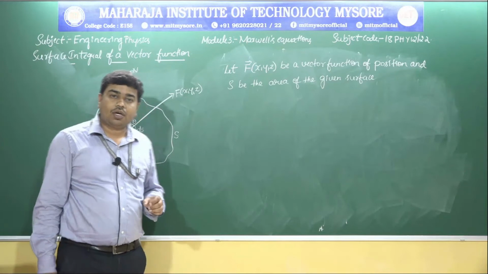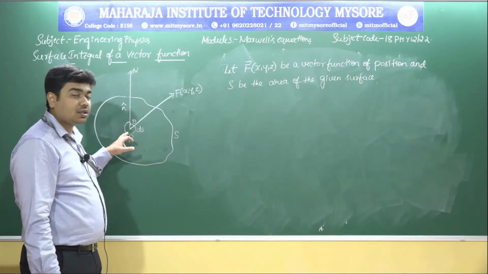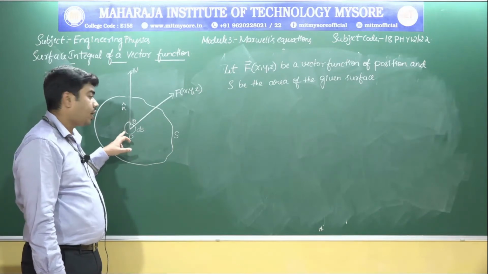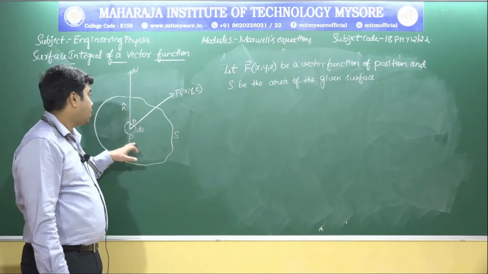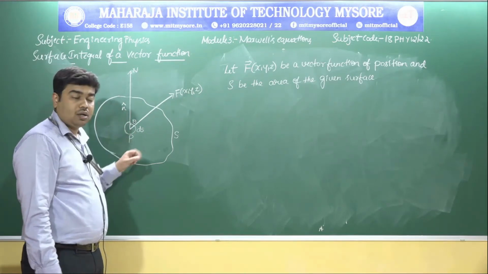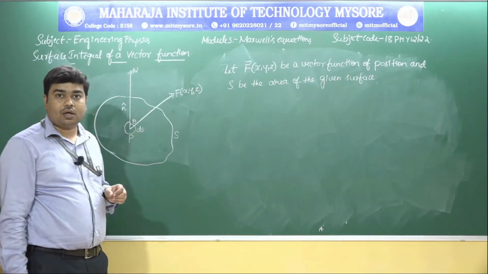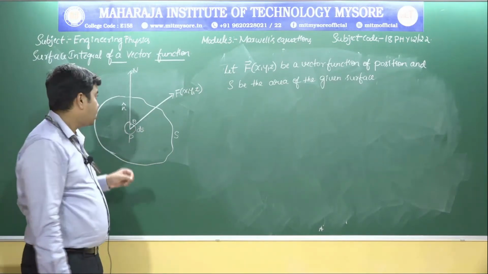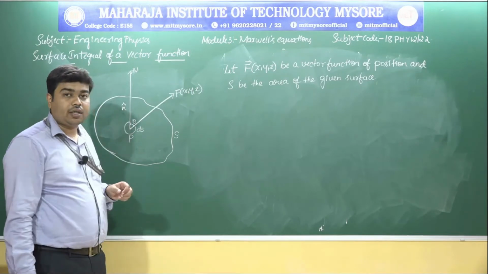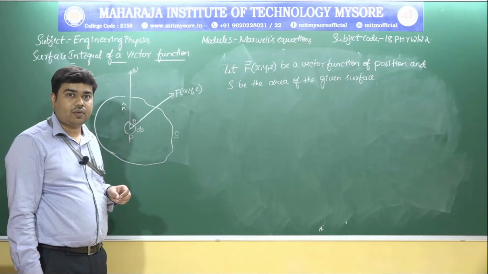In order to find out the surface integral for the surface S, let us consider a small surface ds at point P and let us draw a normal Pn to the surface S, making an angle theta with the vector f of x, y, z. And the unit vector n cap is along the normal drawn Pn.